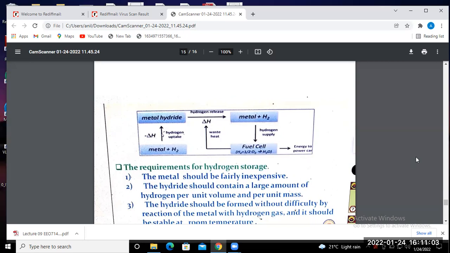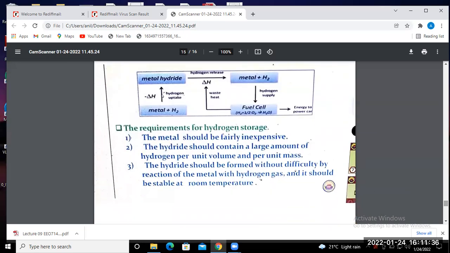So in this cyclic process, metal plus hydrogen makes metal hydride, and when the hydrogen is released you get the metal plus hydrogen again. This is all about chemical energy storage of hydrogen.